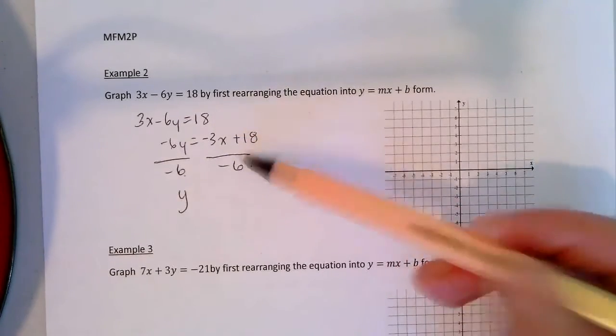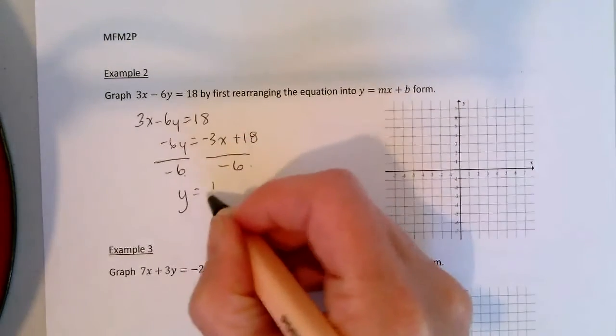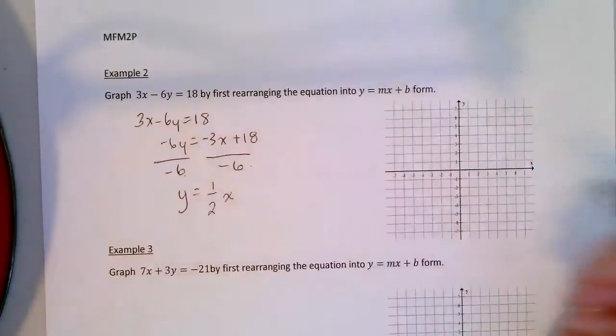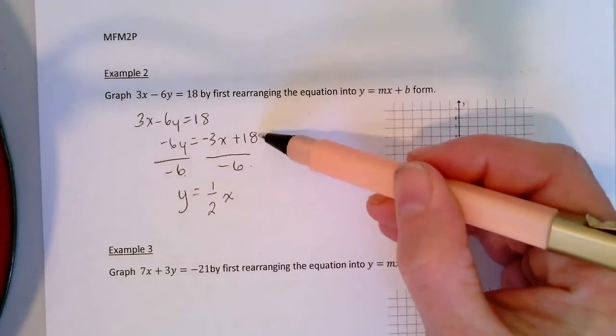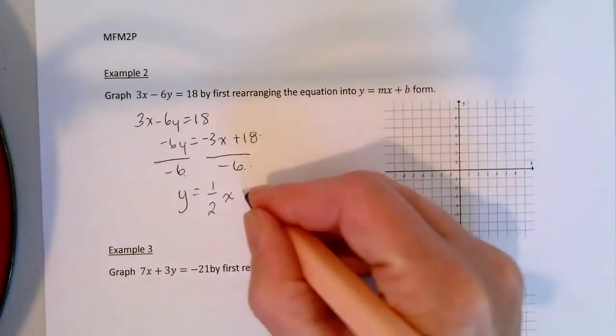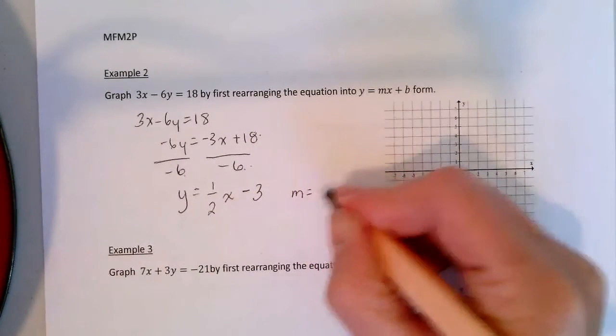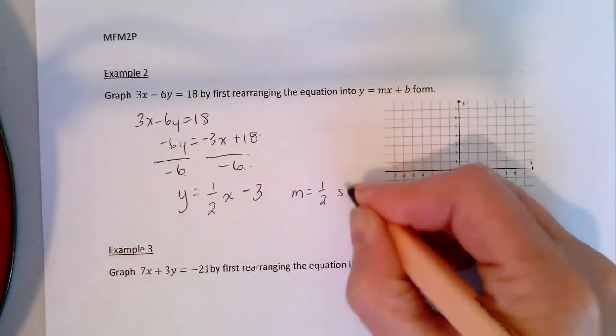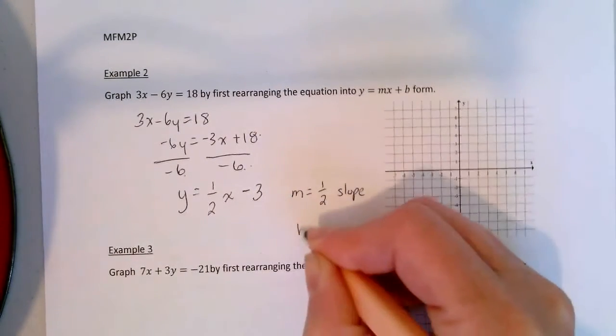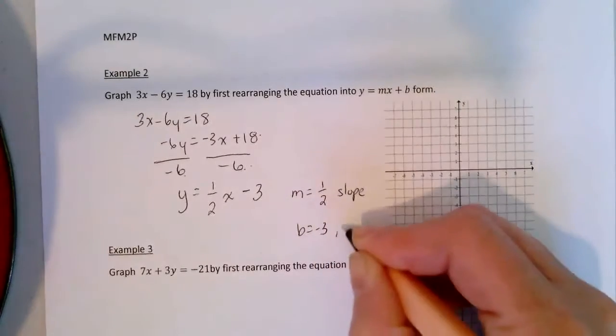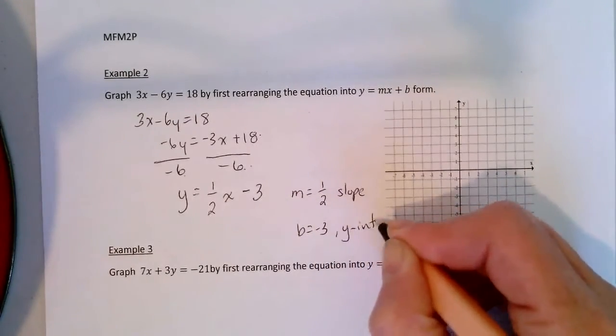Negative 3 divided by negative 6 simplifies to give us 1/2 x. 18 divided by 6 reduces to negative 3. So now we have a slope of 1/2, and we have a b value of negative 3, which is our y-intercept.